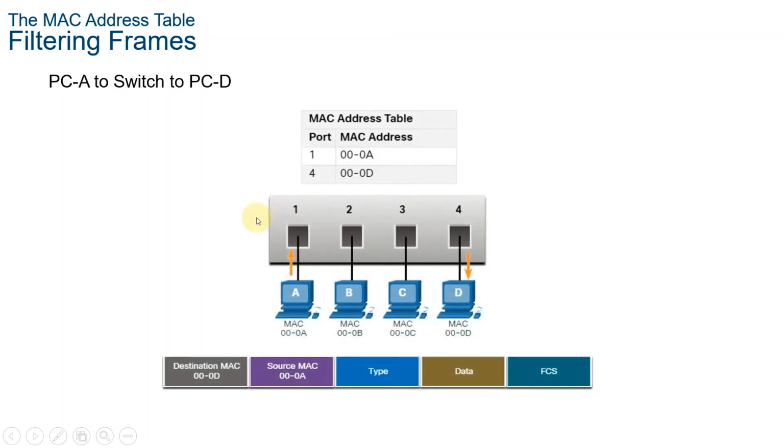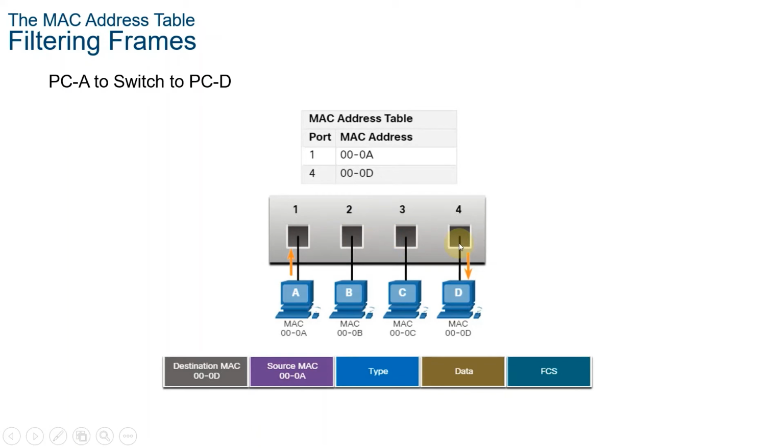So next would be PCA to switch to PCD. PCA sends another frame to PCD. The MAC address table already contains the MAC address for PCA, therefore the 5-minute refresh timer for that entry is reset. Because the switch table contains the destination MAC address for PCD, it sends the frame only out of port 4.